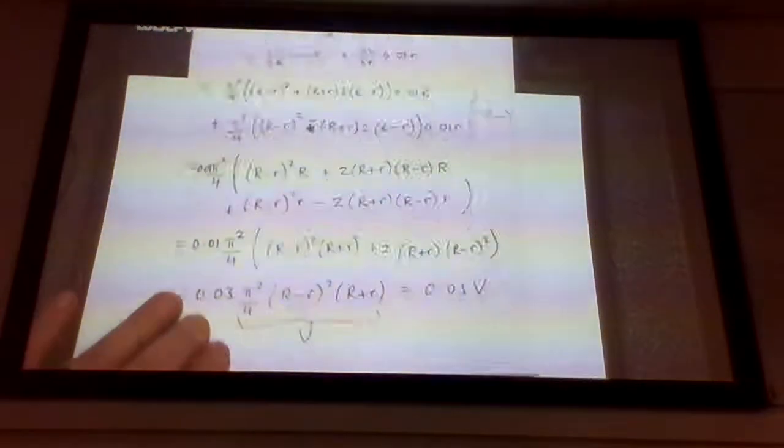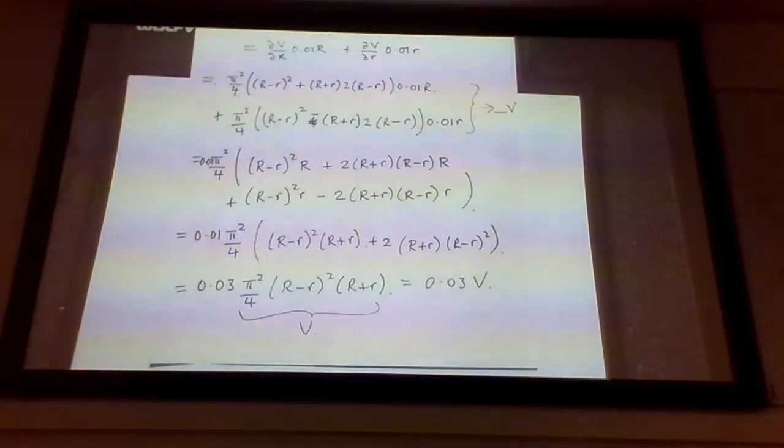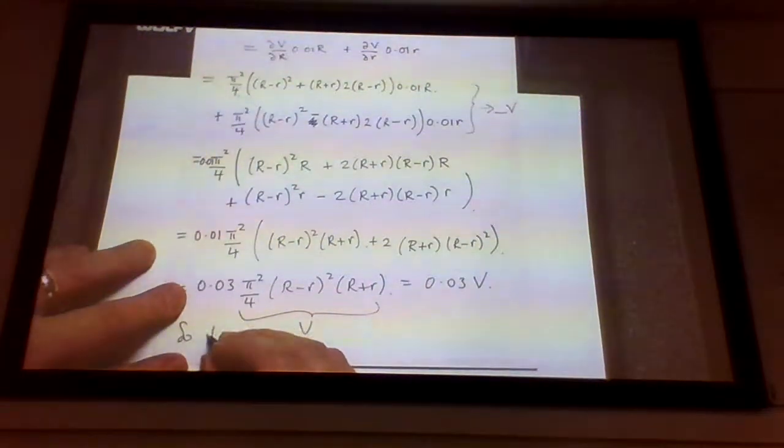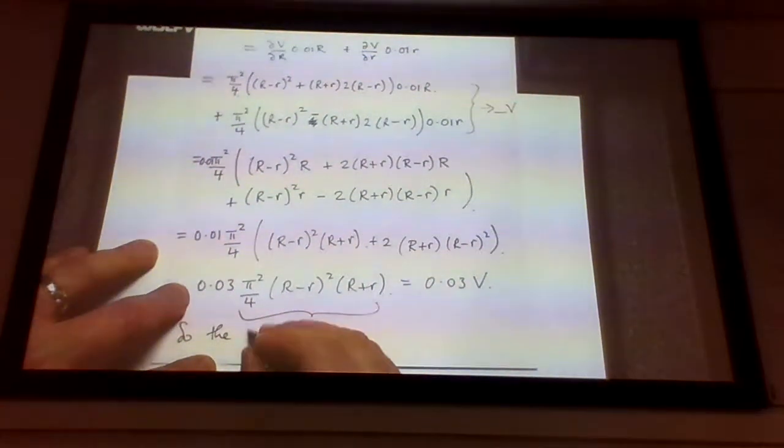So the conclusion is, with both of the radii increasing by 1%, this leads to a 3% increase in the volume.